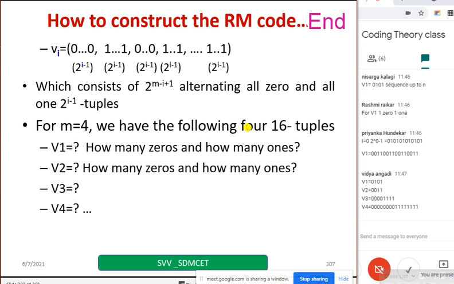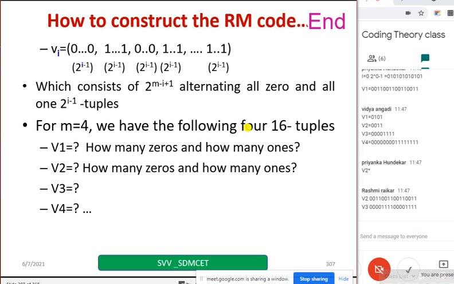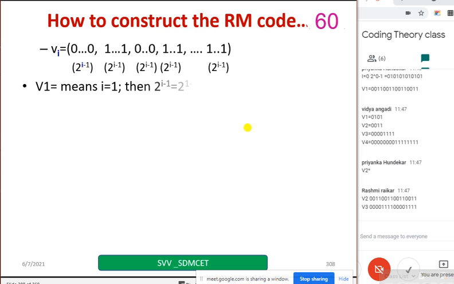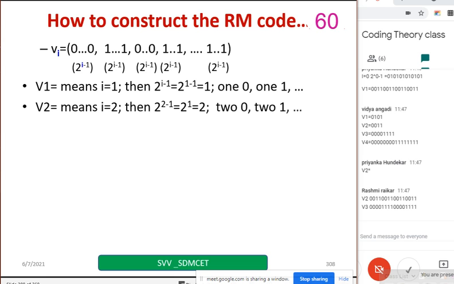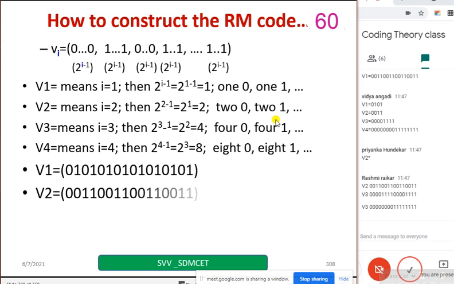So I hope all of you have written v1, v2, v3, v4. Compare your answer.